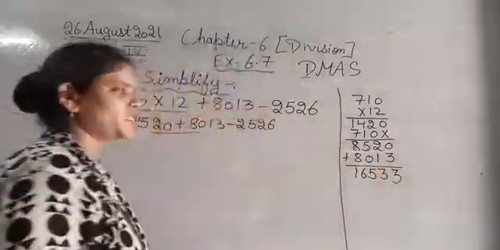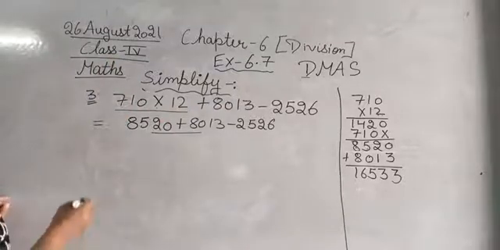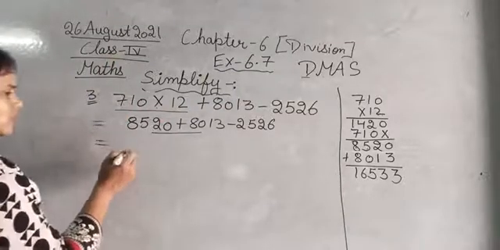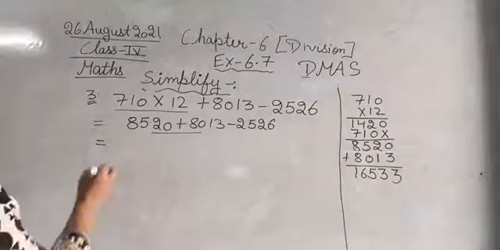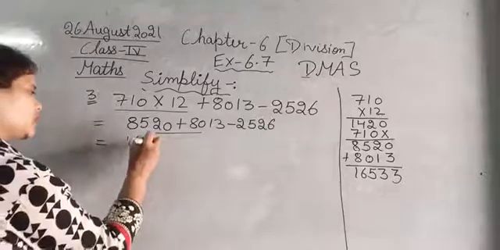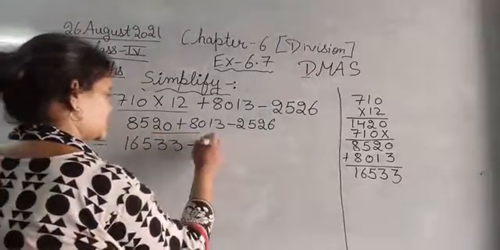The answer is 16,533. So after adding 8,520 and 8,013, we got 16,533. Minus, the last is 2,526.